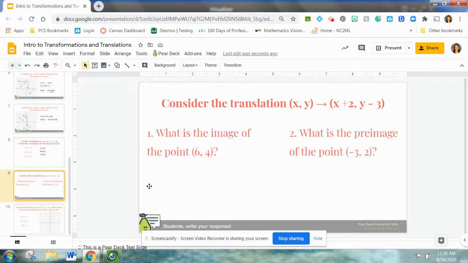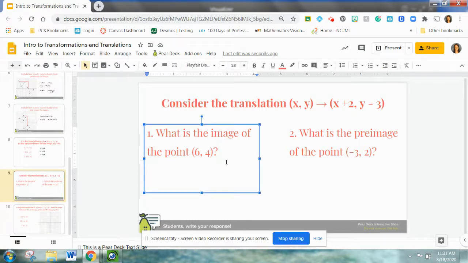All right, so now I've given you another translation rule. This translation is going to the right 2 and down 3. So now I'm asking you to find the image point of the coordinate 6, 4 based on this rule.